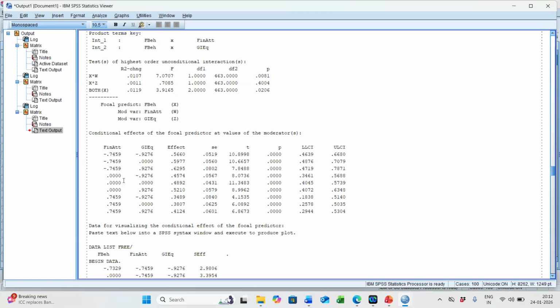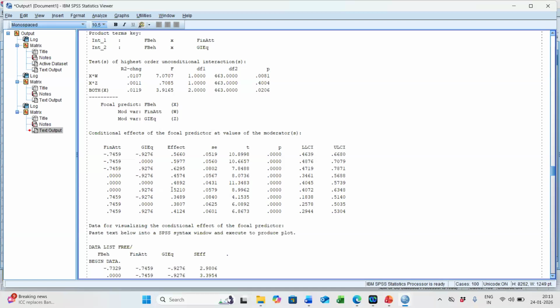And you see, when the attitude is increased to the mean level, with attitude at mean level and gender equality at the least, the effect is 0.4574. When gender equality is increased, again it is increasing.